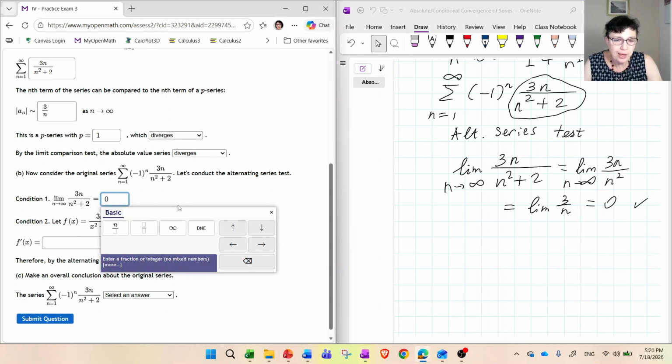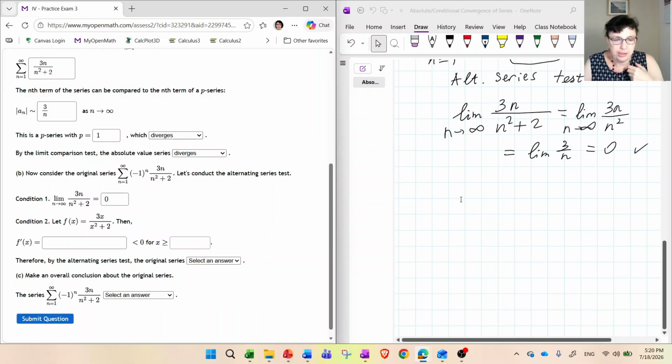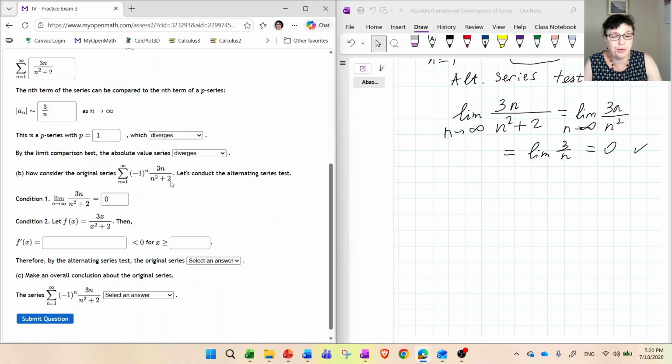The limit is 0. And the alternating series test also says that you have to prove that this sequence, 3n divided by n squared plus 2, is a decreasing sequence.